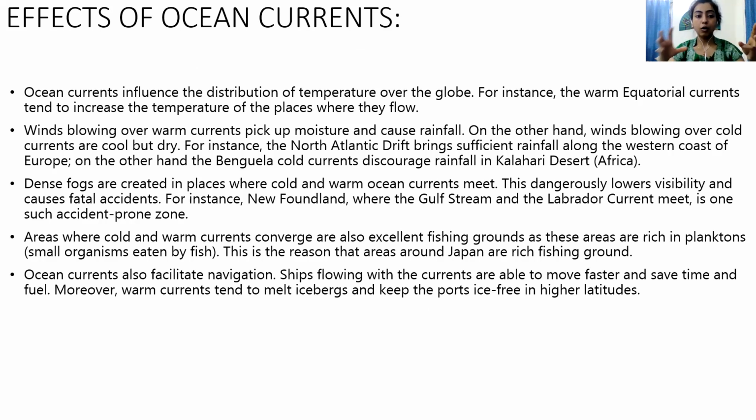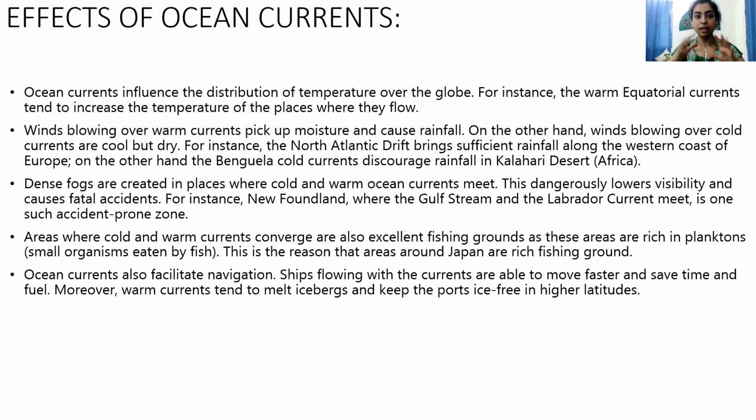Third effect. The places where cold and warm ocean currents meet create a lot of fog, you understand, right? Like in the morning if you wake up you can see that blurry kind of thing. So in those places where both cold and warm ocean currents meet, dense fogs occur and those areas become more prone to accidents.